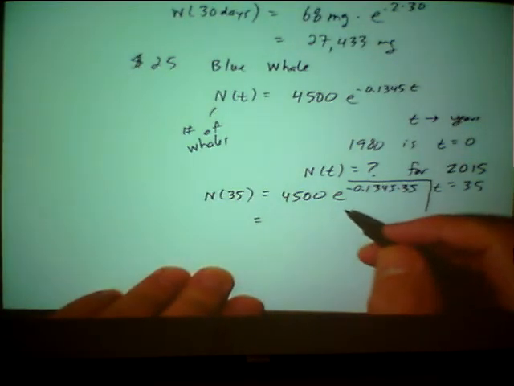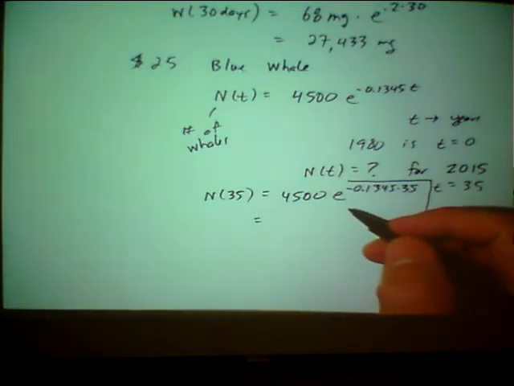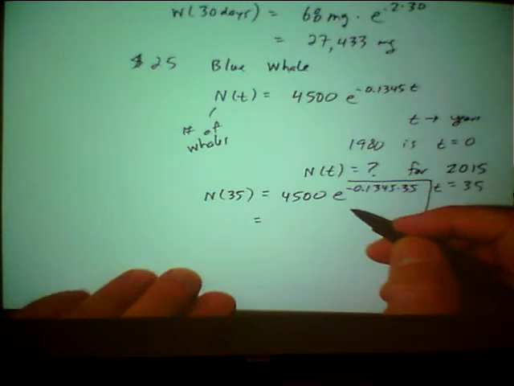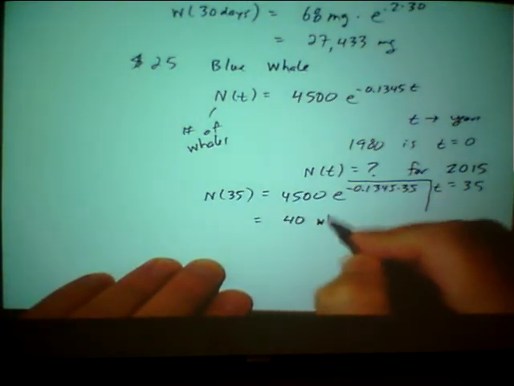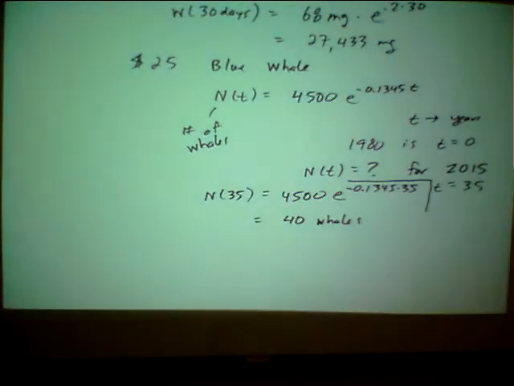If they say in the problem, normally you round it to the nearest whale, it's 40.6, normally you round down. So basically you say there are going to be 40 whales left.